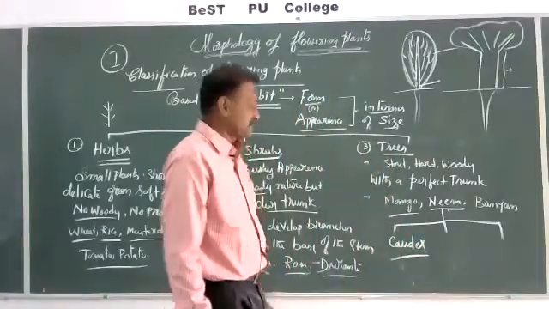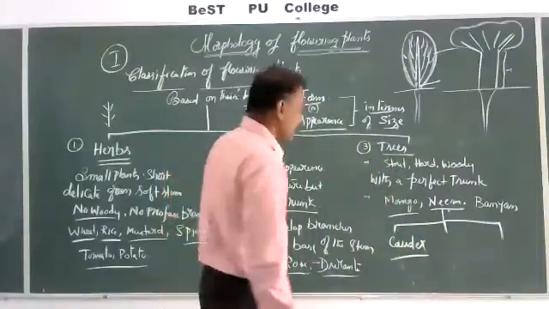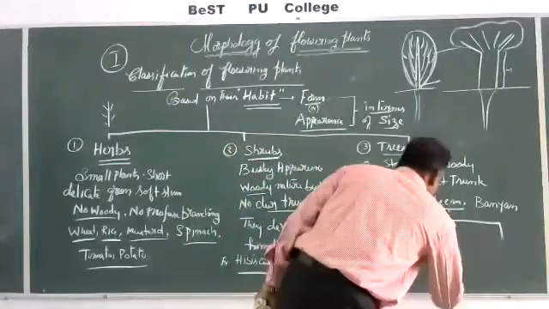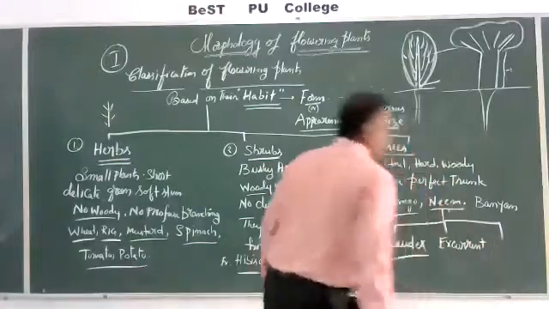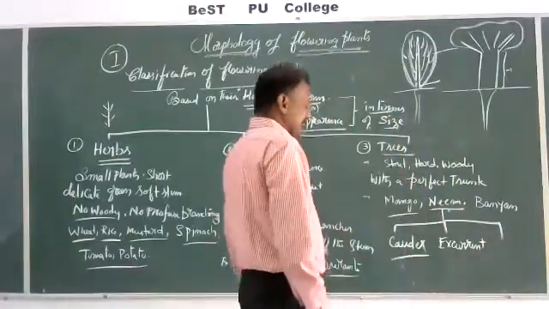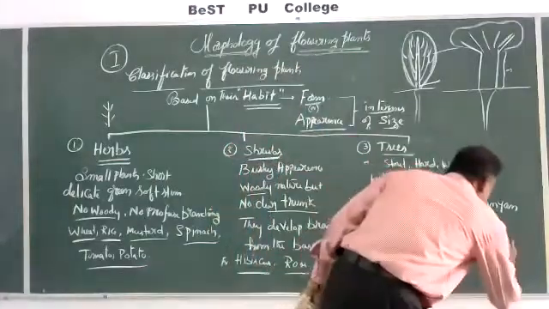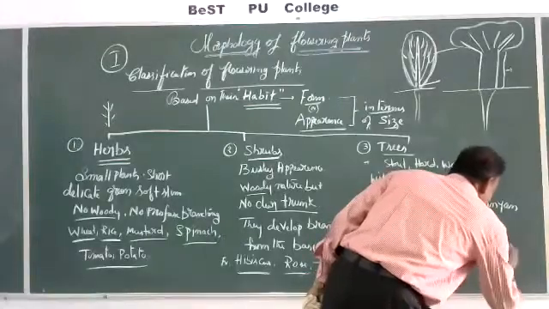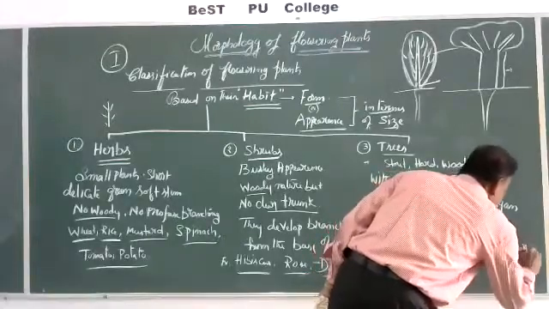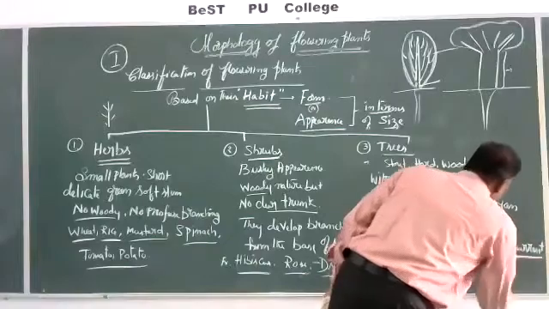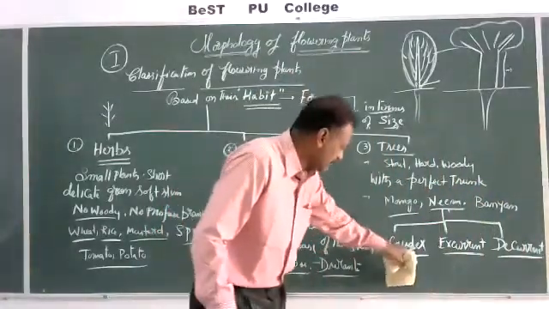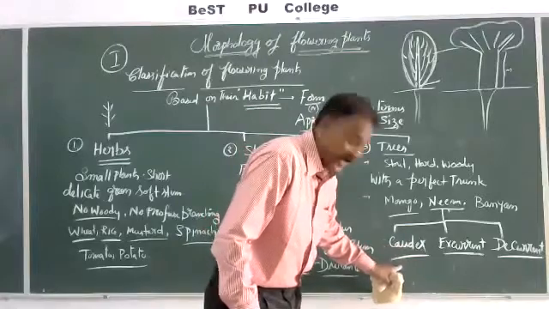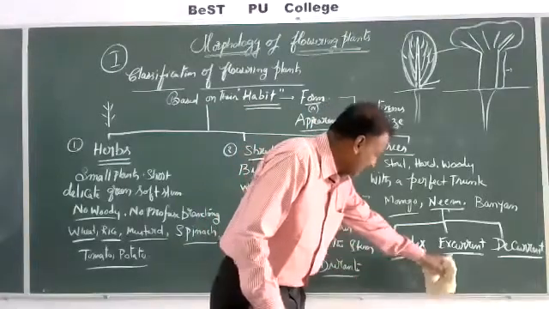C-A-U-D-E-X, caudex. Excurrent. Deliquescent or decurrent. Again I will explain tomorrow. Caudex, or columnar or palm-like.